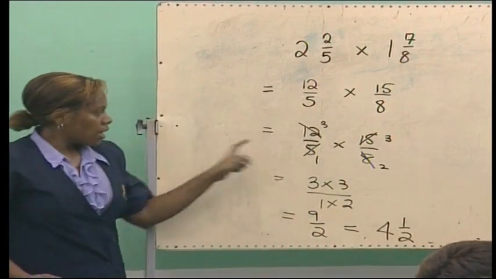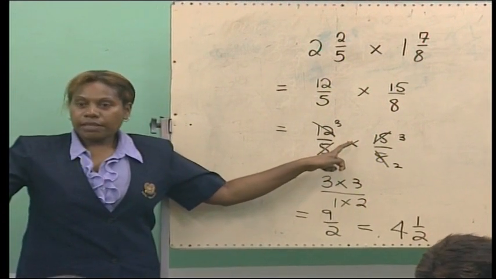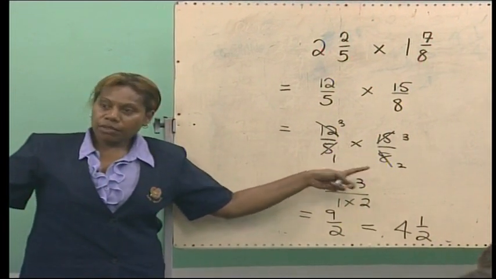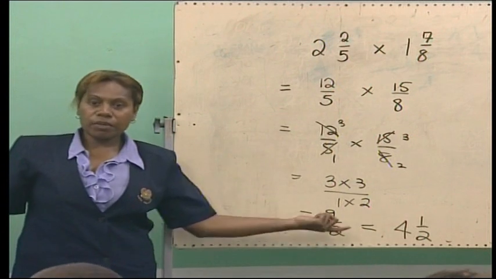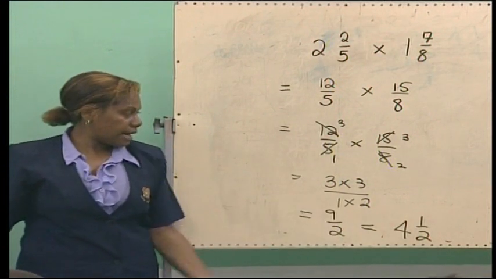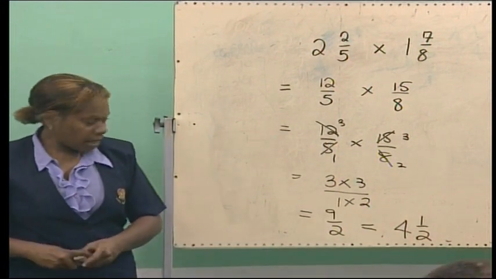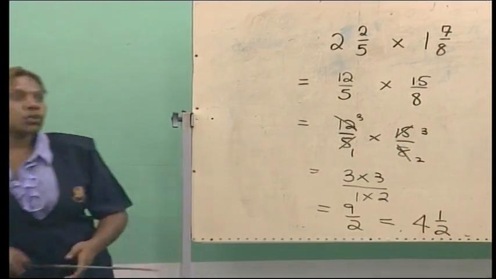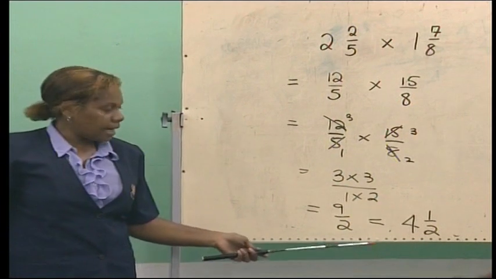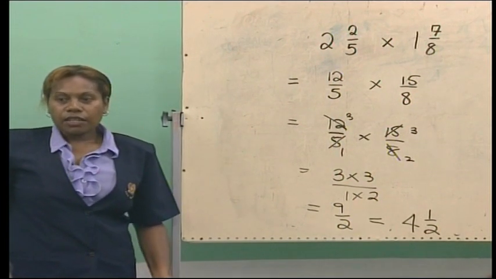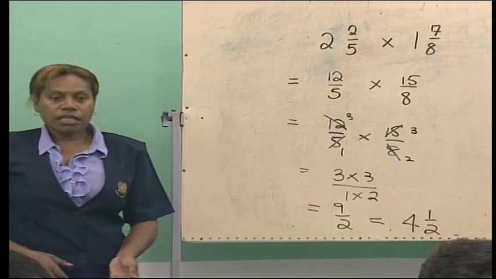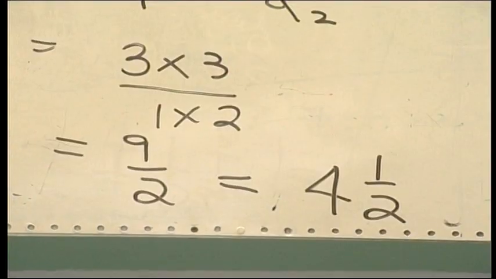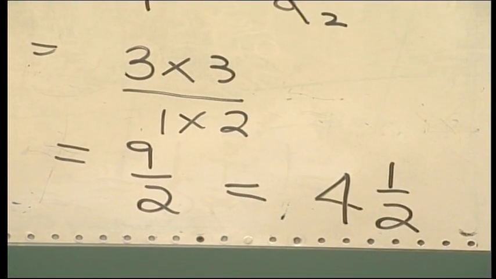All right, good. So what Bradley said, you multiply the numerators and the denominators. So 3 times 3 is 9 over 1 times 2, which is 9 over 2, is equal to 4 and a half. Okay, 7Es and receiving students, we're going to stop here.